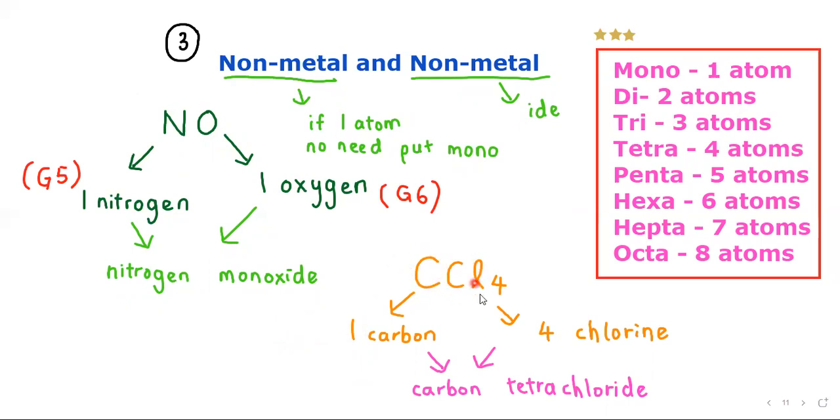Okay, now we go to the next question. Let's say CCl4. Originally C is one carbon, okay? And the second one, Cl4, means you are using 4 chlorine. So for the first non-metal element, there is no need to put mono, just copy back the name carbon. And the second non-metal here is 4 chlorine, right?